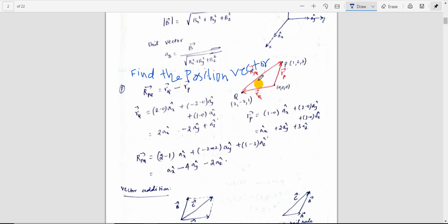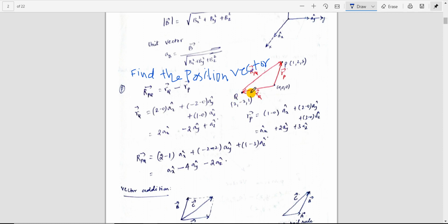You can define vector rpq from two vectors, because you are supplied with two points p and q. You are going to define the position vector between p and q as rpq.